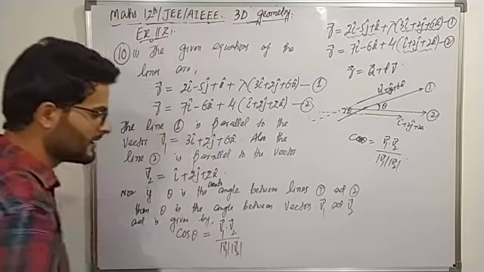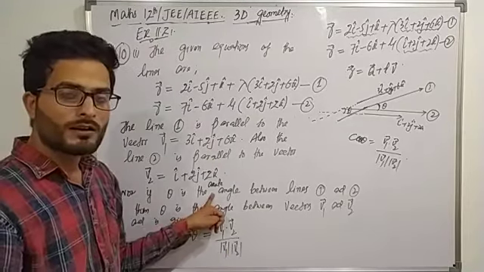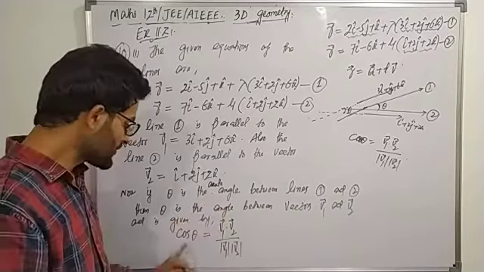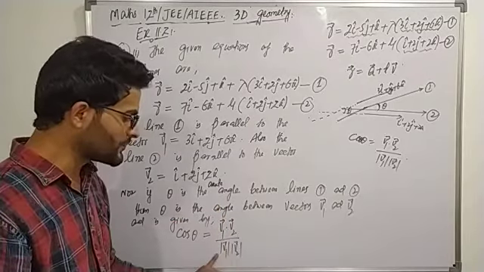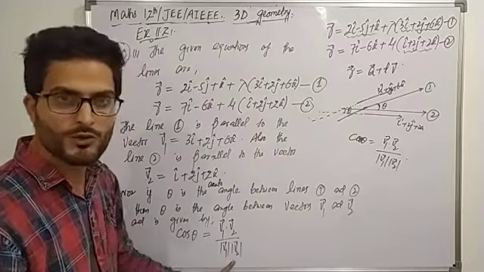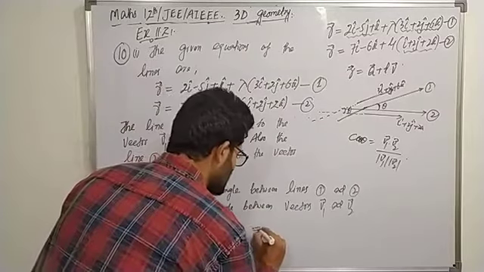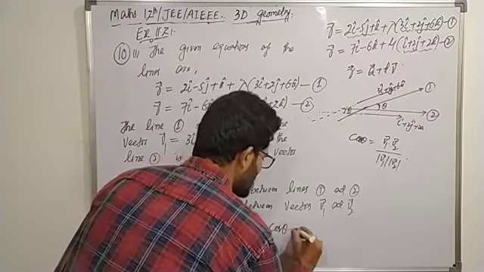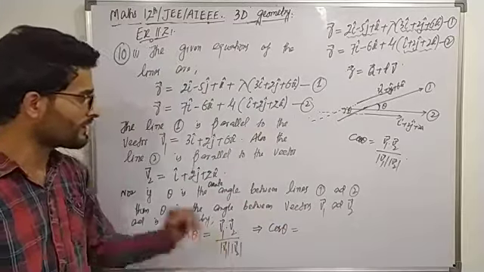Here the plus sign is there because we have taken theta as an acute angle, right? So cos theta is equal to v1 dot v2 divided by magnitude of v1 into magnitude of v2, which further implies cos theta must be then equal to v1 dot v2.